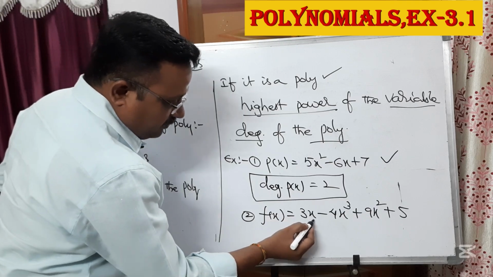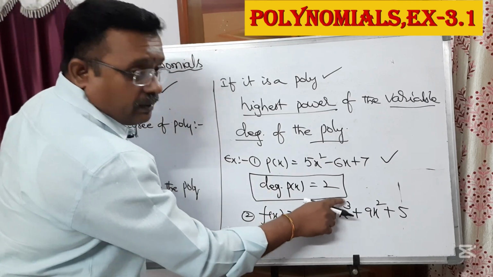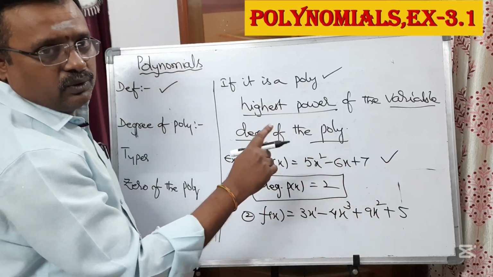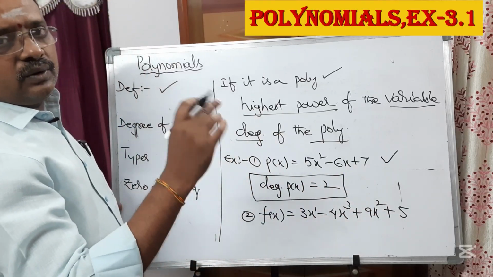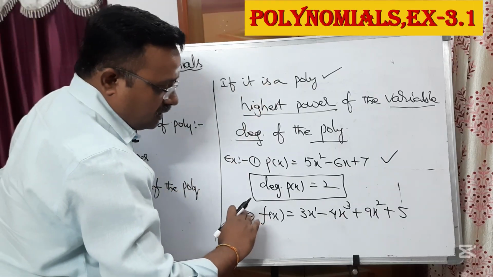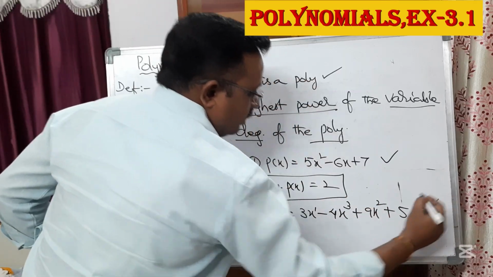Check it out. In the first term, variable power is 1, a whole number. In the second term, variable power is 3, a whole number. In the third term, 9x square, variable power is 2, a whole number. The last term is 5, constant, x power 0 can be taken, that is also a whole number. So in all the terms, variable power is a whole number, that is why it is a polynomial.